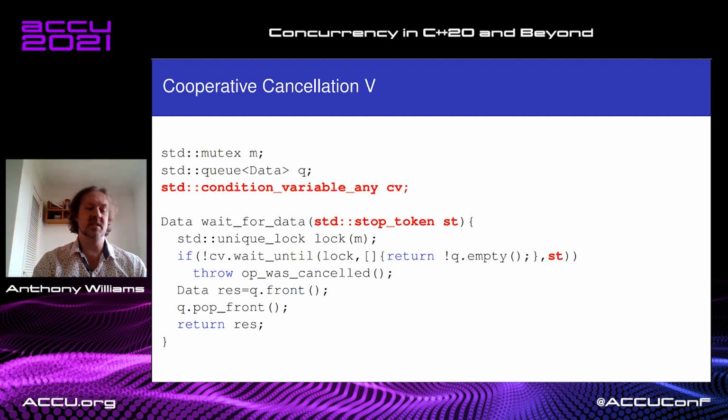The return value is true if my predicate was true, and false otherwise. So in this case, it only returns false if the stop token was signaled, in which case I can throw an exception to say my operation was cancelled. If the return value from wait until is true, then my predicate returned true, so I know that there is data in my queue, so I can remove the values and process them.